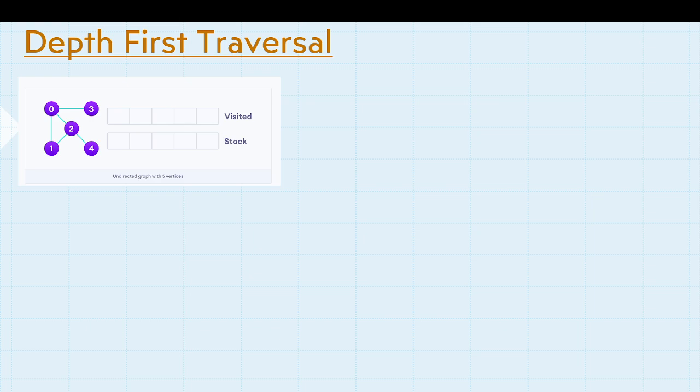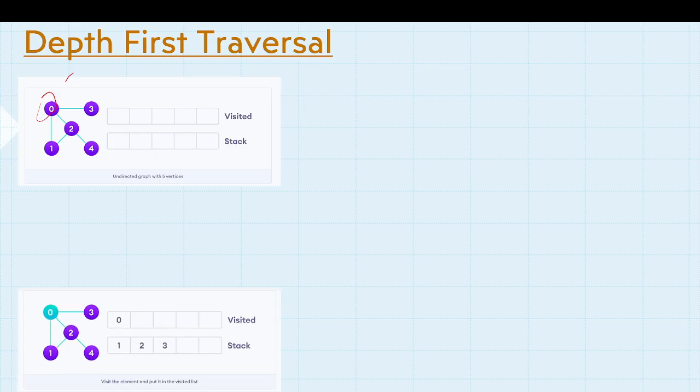Here is an undirected graph with 5 vertices. So we have two important points to understand here, the visited and the stack contents. We start from vertex 0. The DFS algorithm always starts by putting it in the visited list.